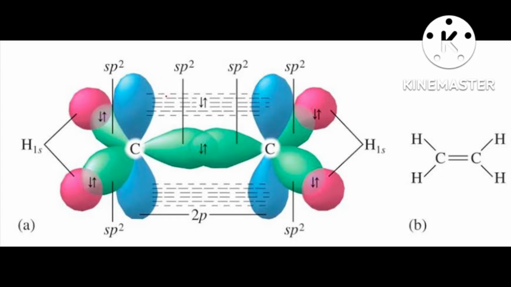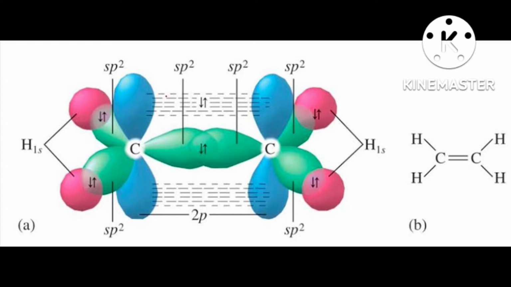Now in the excited state there are 4 orbitals.